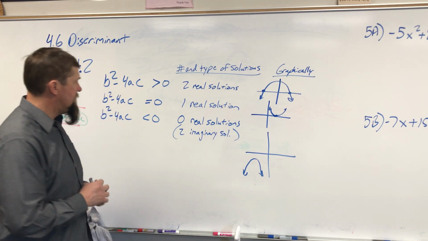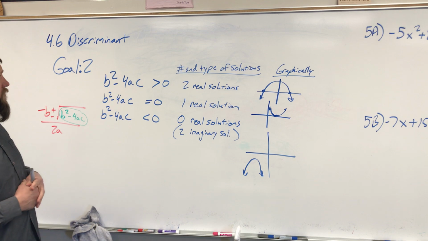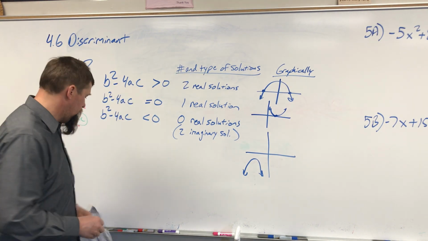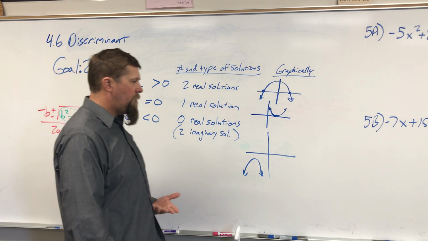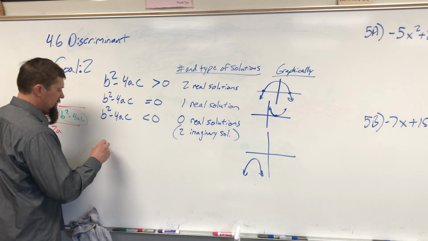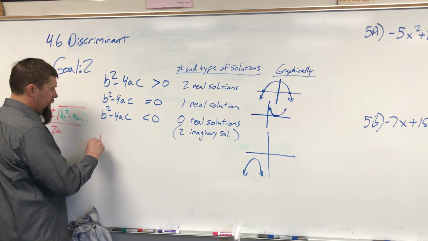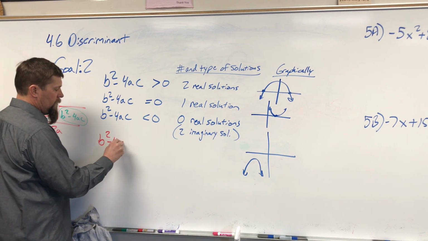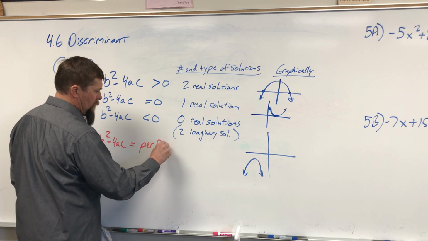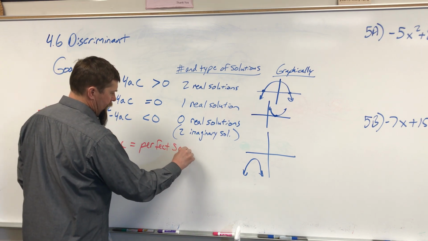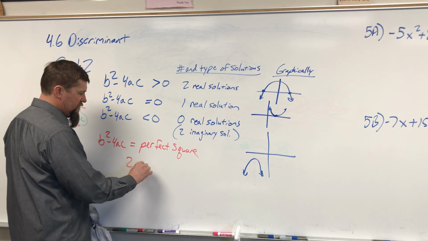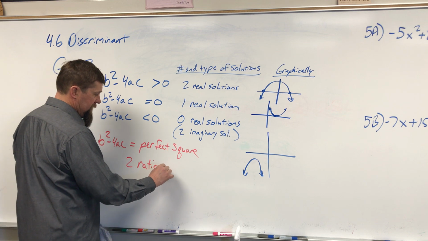Okay, so that is how you use the discriminant to tell the number and the type of solutions. Now, the other part of this is if the discriminant is a perfect square, then there are two rational solutions.